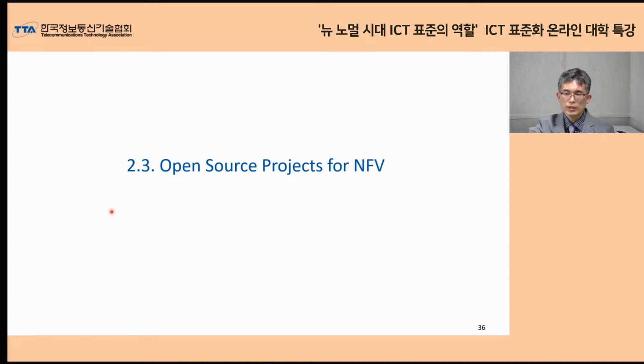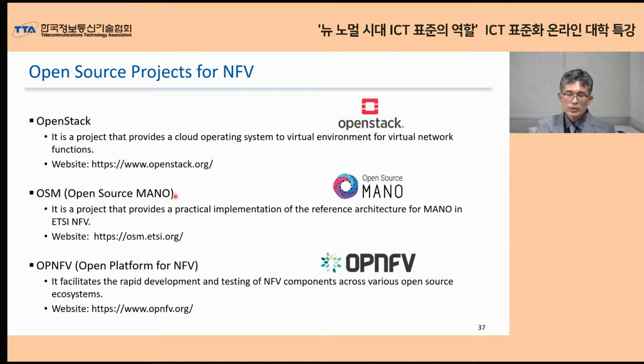Subsection 3, open source projects for NFV. Now we have 3 kinds of open source projects for NFV. The first one is OpenStack, the second is OSM, Open Source MANO, and the third is OPNFV, Open Platform for NFV. OpenStack provides a cloud environment to virtualize the network environment.